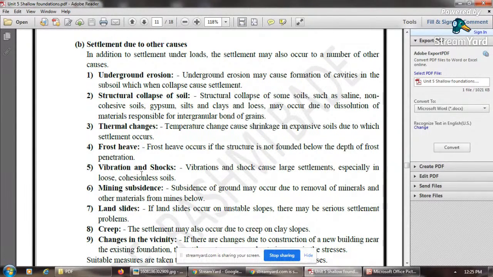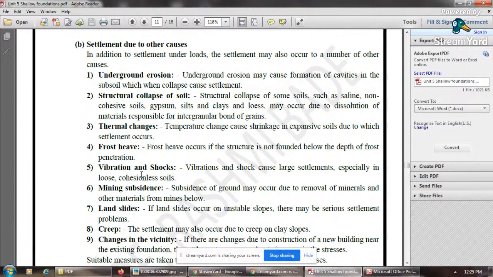From the surface you may see plain ground, but when you dig, there is sometimes an open or empty space at depth in the soil. That is known as your cavities. Those cavities have voids, air voids or water voids, and when they collapse down, the settlement takes place.